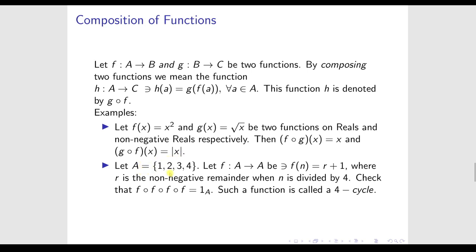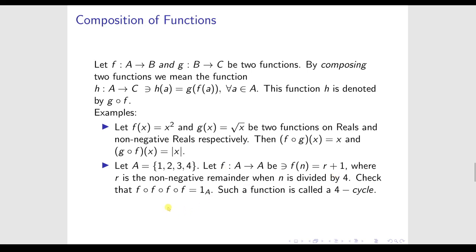Let A be the set {1, 2, 3, 4}. Define the function f: A to A such that f(n) is equal to r plus 1, where r is the non-negative remainder when n is divided by 4. That is, 1 is mapped to 2, 2 is mapped to 3, 3 is mapped to 4, and 4 is mapped to 1.